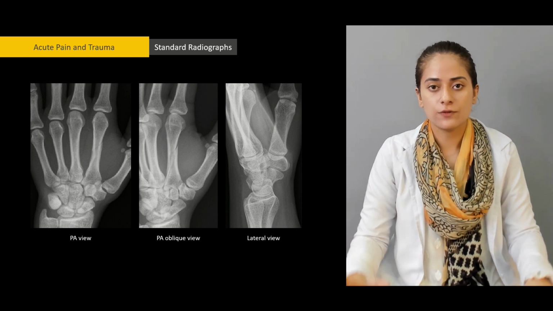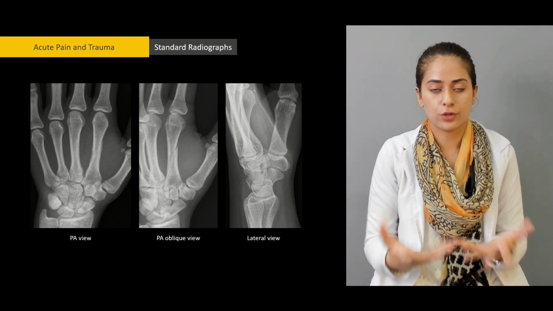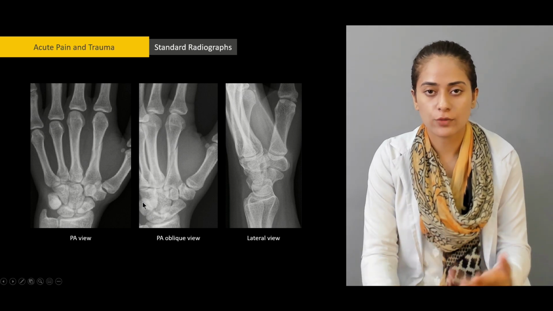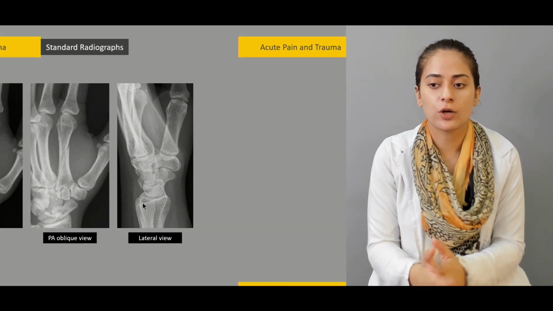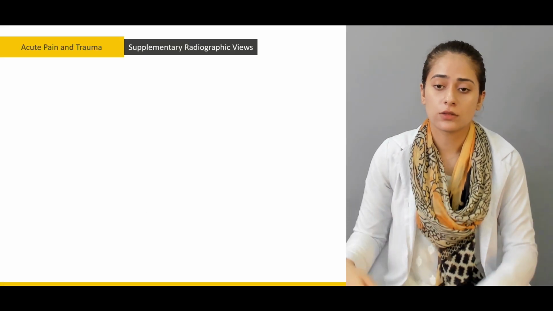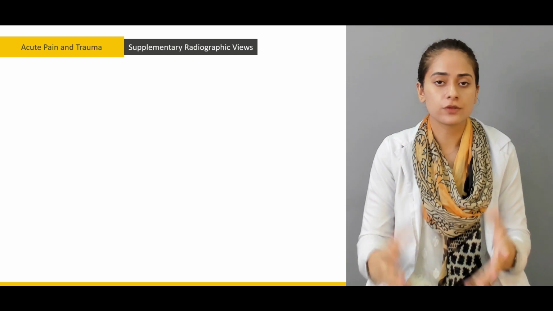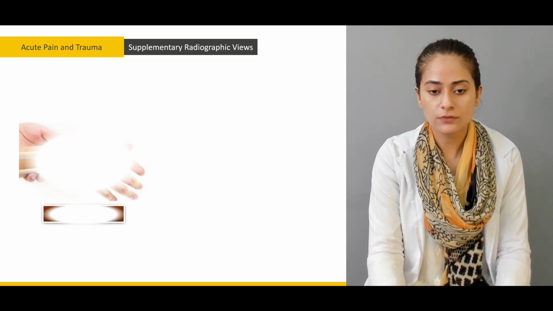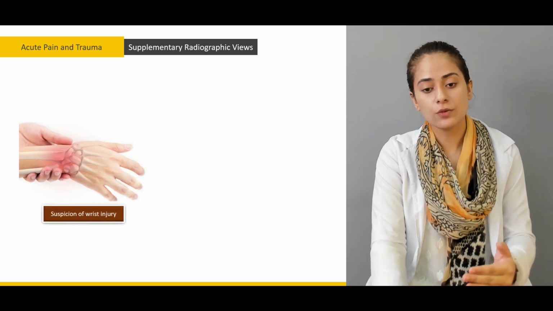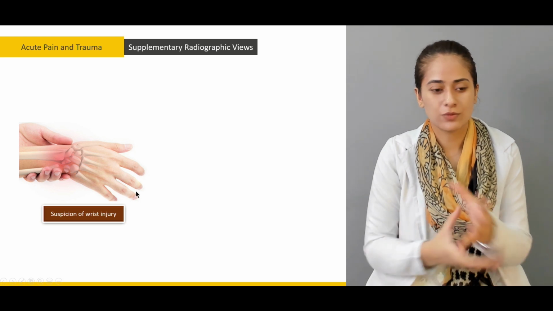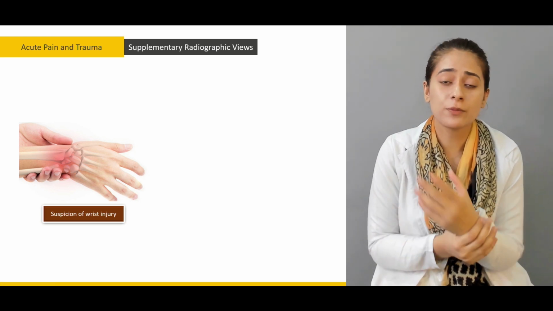So these are the three views of the wrist, and now we're going to look at some of the supplementary views, which are the special views of the wrist. A wrist special view is used when we suspect some complex injury.